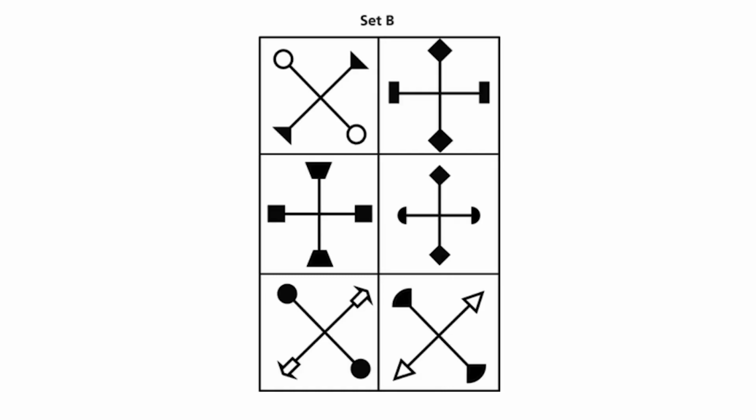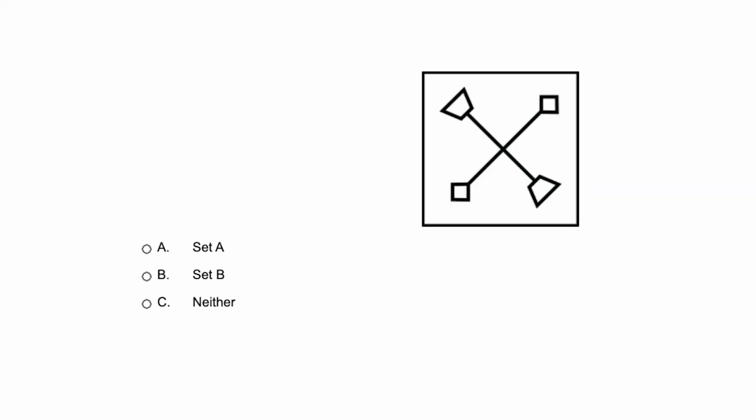Similarly in set B, but with a twist. Here, if the shapes are all shaded, then the pairs are in a cross formation. But if one pair is shaded, then the pair is in an X formation. So it's this if part of the rule that makes it a conditional type of question. So if we look at the test shape, we can see that all the shapes are unshaded and they are in an X formation, so that belongs to set A.